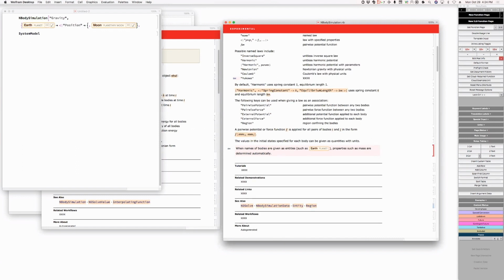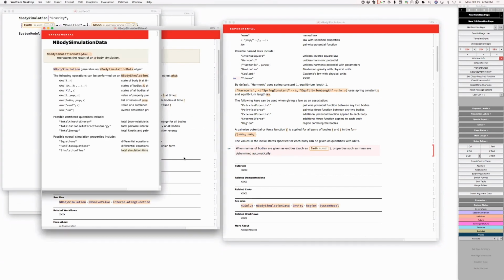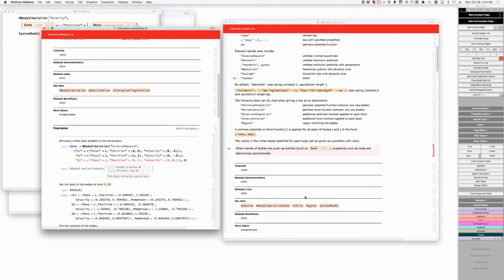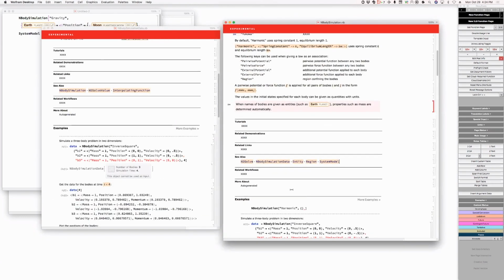Right. I think this should reference system model, even though these two things don't quite meet yet. Okay. So now we were just going to look at the harmonic.